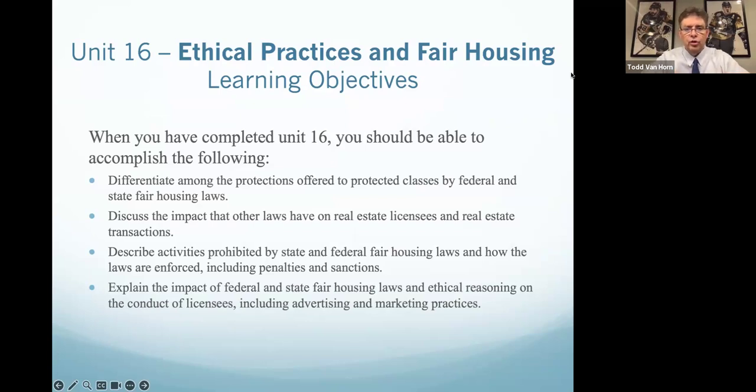The learning objectives for Unit 16, once you've read it and completed it, are that you should be able to do the following: differentiate among the protections offered to protected classes by federal and state fair housing laws; discuss the impact that other laws have on real estate licensees and real estate transactions; describe activities prohibited by state and federal fair housing laws and how the laws are enforced, including penalties and sanctions; and lastly, explain the impact of federal and state fair housing laws and ethical reasoning on the conduct of licensees, including advertising and marketing practices.